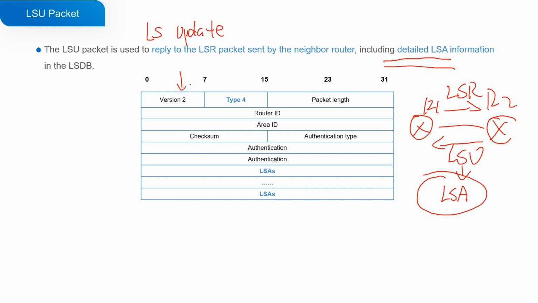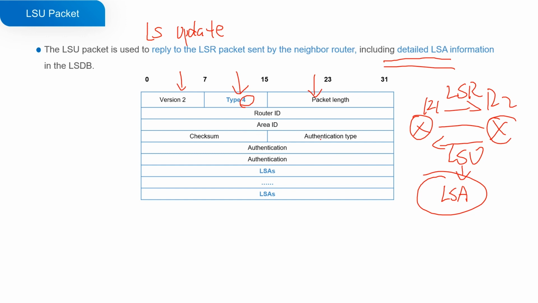We can see the version information, type information, packet length, router ID information, and area ID. So it's actually the same as the other packets. And the type value is 4. The 4 means this packet is the LSU packet.